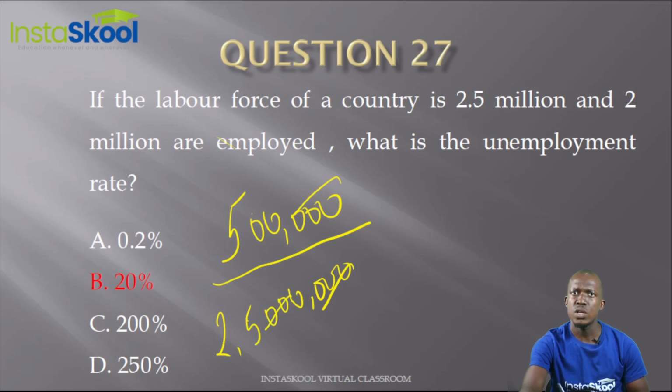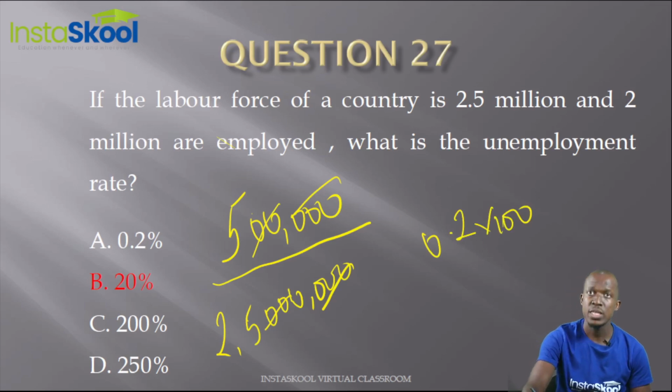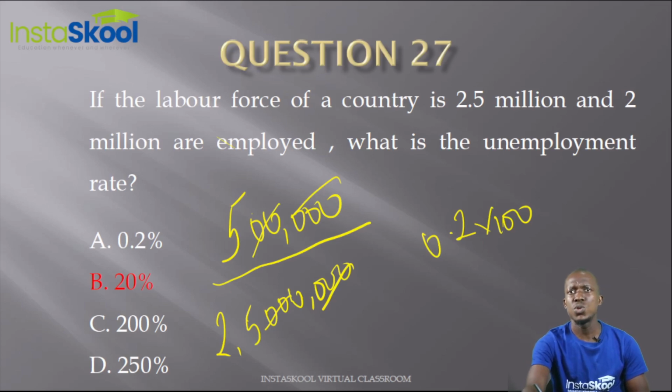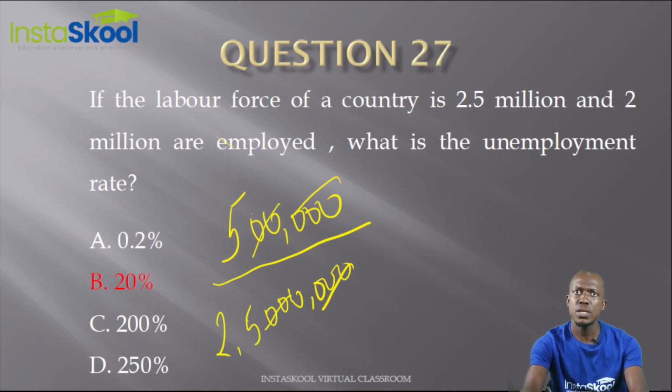These 2 cancels these 2. And 5 divided by 25 is 0.2. So times 100. Remember we said express it as a percentage. So 0.2 times 100 is 20%. So our correct answer is 20%.